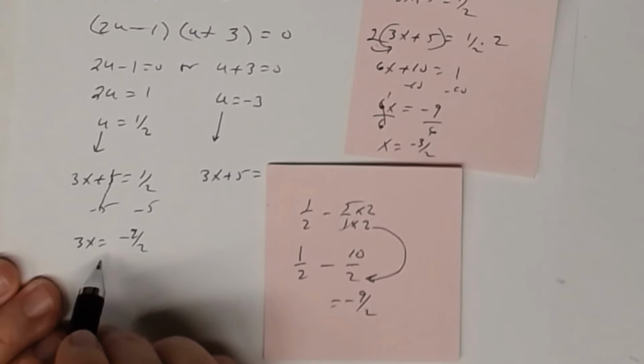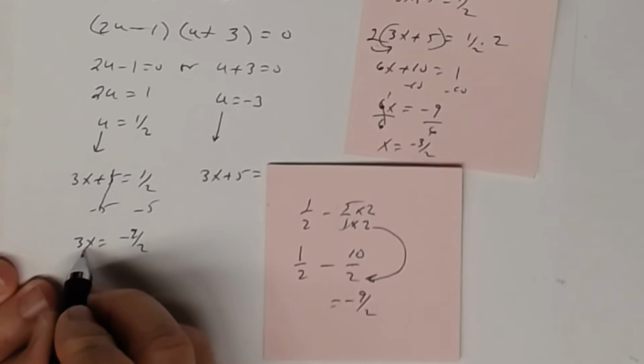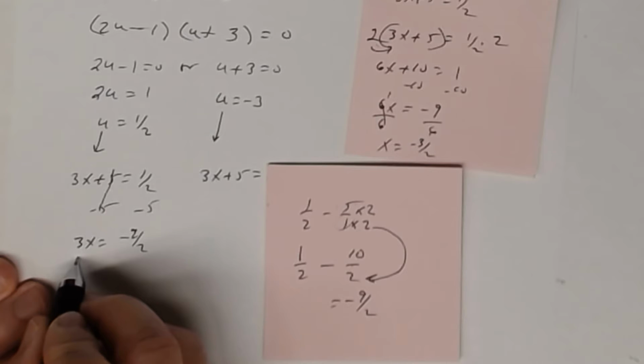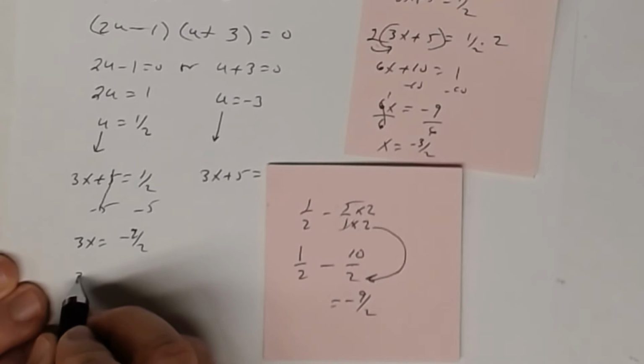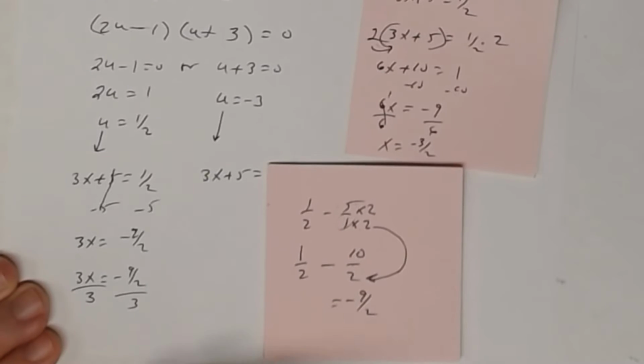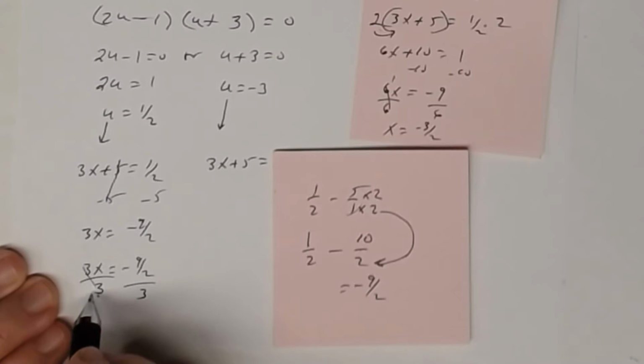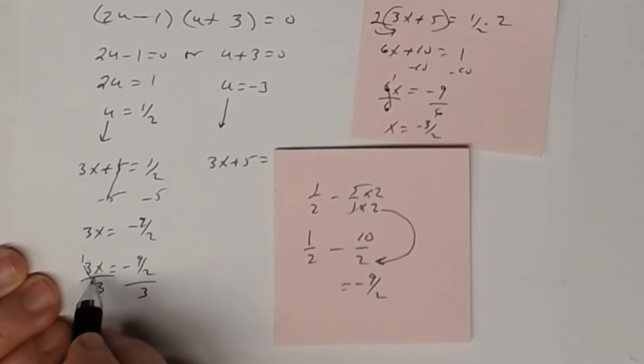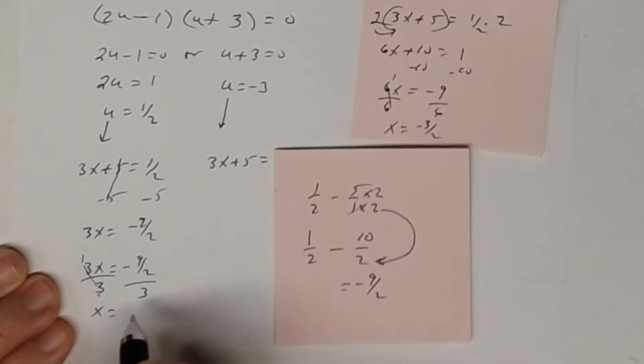Now what you have to remember is that I've got to get x by itself. So I've got to divide both sides by 3. Let me rewrite this over. Divide by 3, divide by 3. 3 divided by 3 is 1, so I get 1 times x is x. But you have to remember this: I have a fraction being divided by another fraction. So I change this division to multiplication.